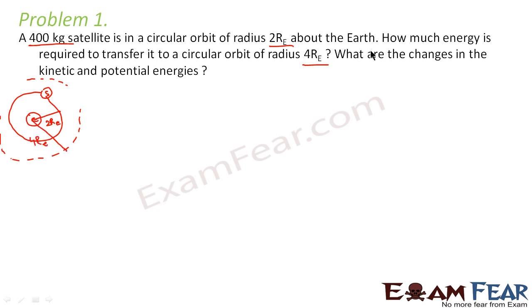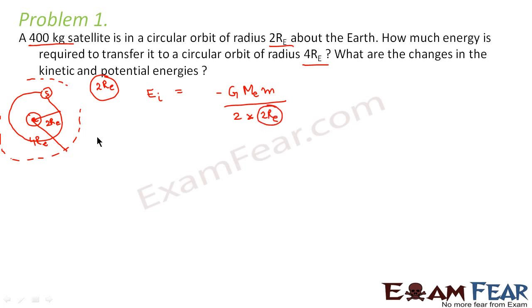So how much energy is required to do this change? That means how much energy is required to make it move in an orbit of radius 4 RE. So see, energy in the initial case: it is moving in a radius of 2 RE. So the initial energy would be minus G ME into M divided by 2 into 2 RE, because in this case the radius is 2 RE.